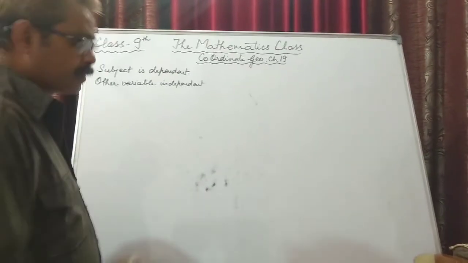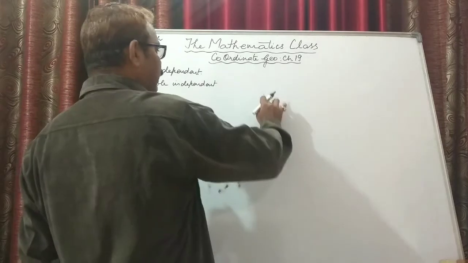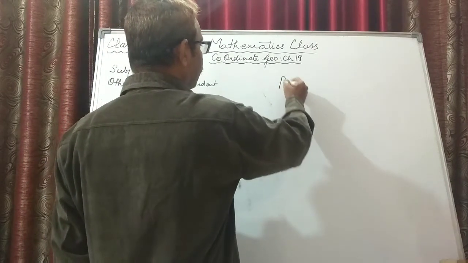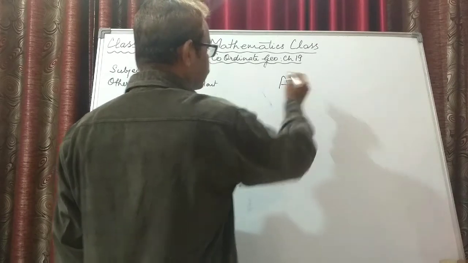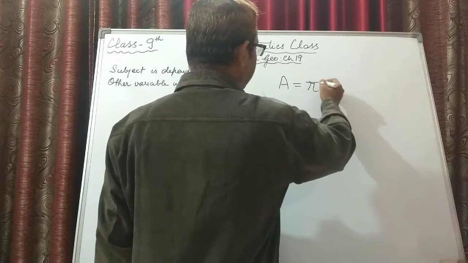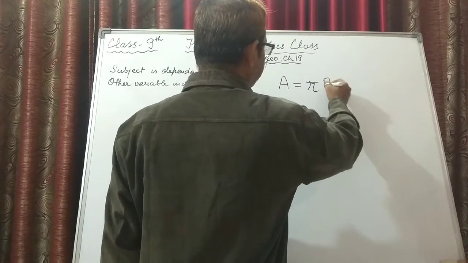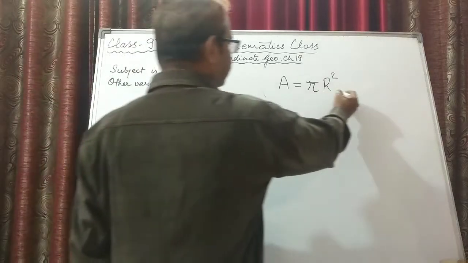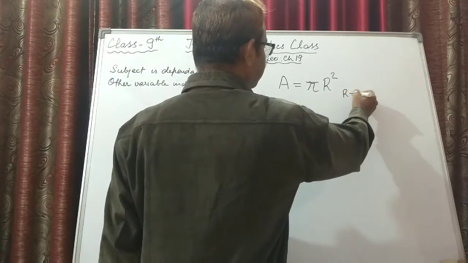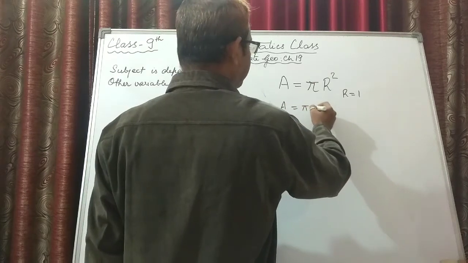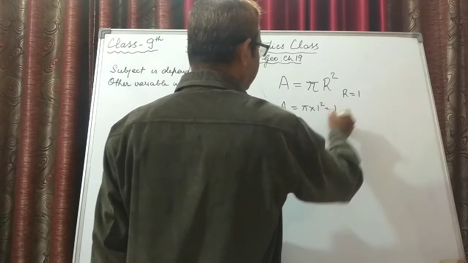Suppose I say that the area of a circle, we all know, is written as pi r square. Now if I put the value of r as 1, area will be pi into 1 square, that is pi.